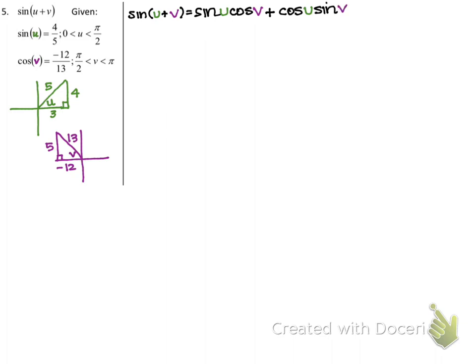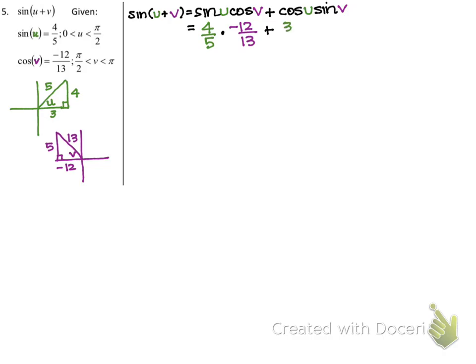So now I'm just going to bounce around in the picture. So if I go to the green one, sine is going to be 4/5. Times. Go to the purple one. I want to do cosine. Well, cosine is going to be negative 12/13. Bring the positive down. Go back to green.